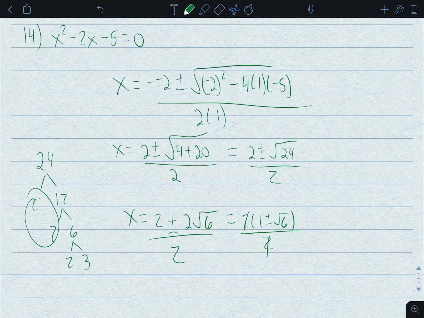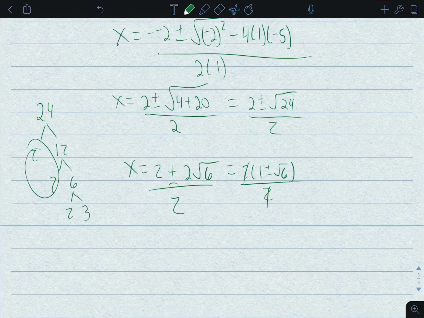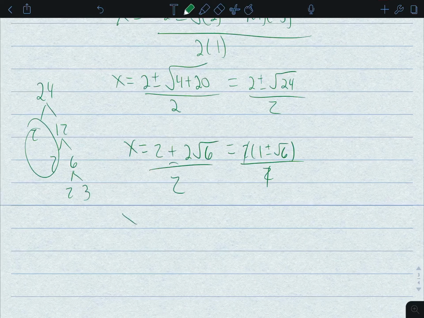And then these 2's can cancel. What you don't do is you do not cancel these 2's like that. That does not make sense mathematically, or it's going to give you the wrong idea. You really need to factor the 2 out, and then you can cancel it out. So then our answer for x is equal to 1 plus or minus square root of 6, which means x equals 1 plus square root 6, 1 minus square root 6.